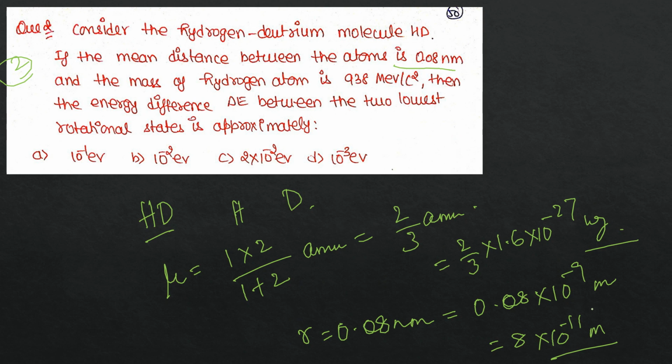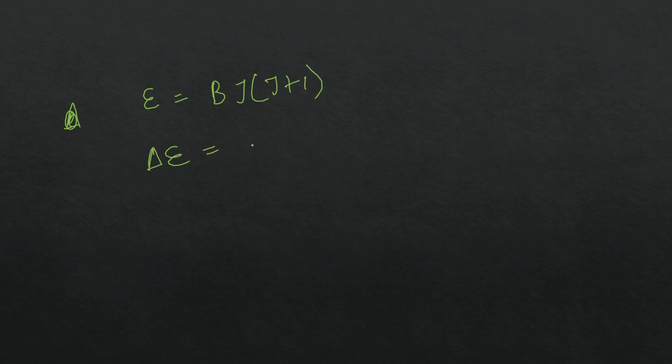What we have to do? The energy is B J into J plus 1. So delta E is equal to B for J equal to 0, the lowest energy level.